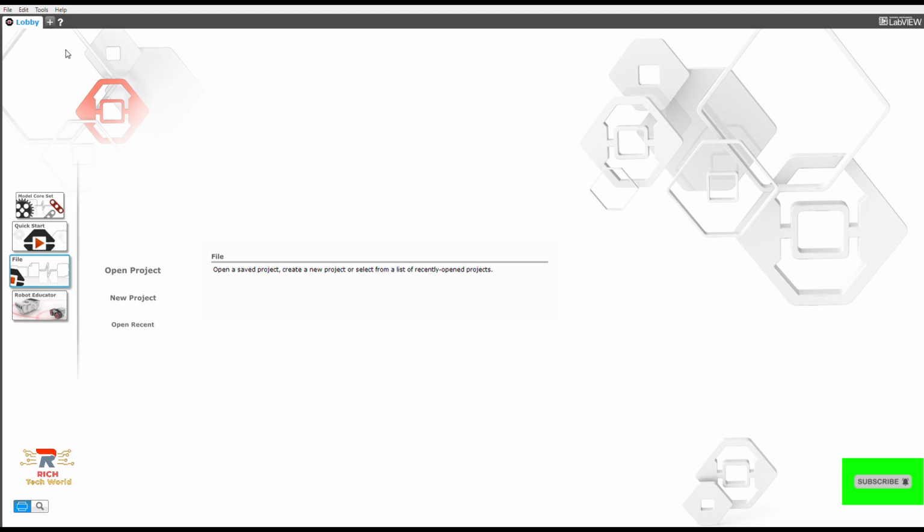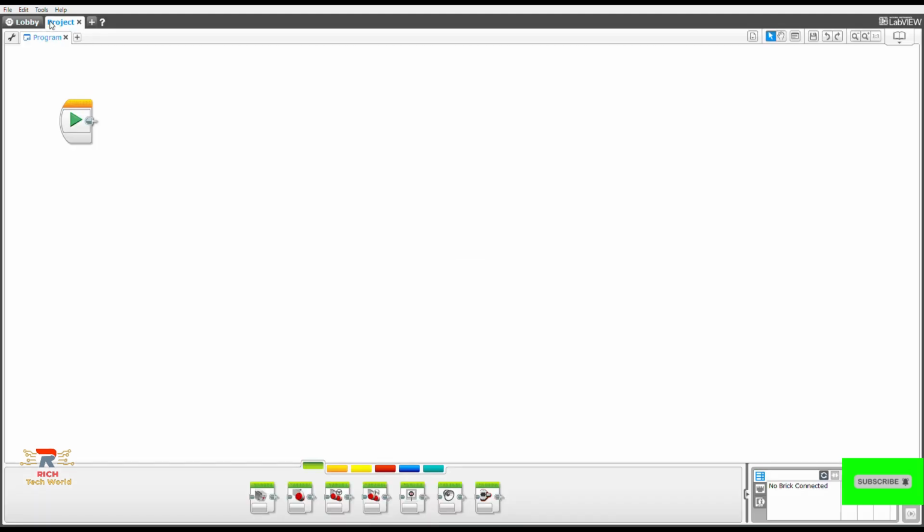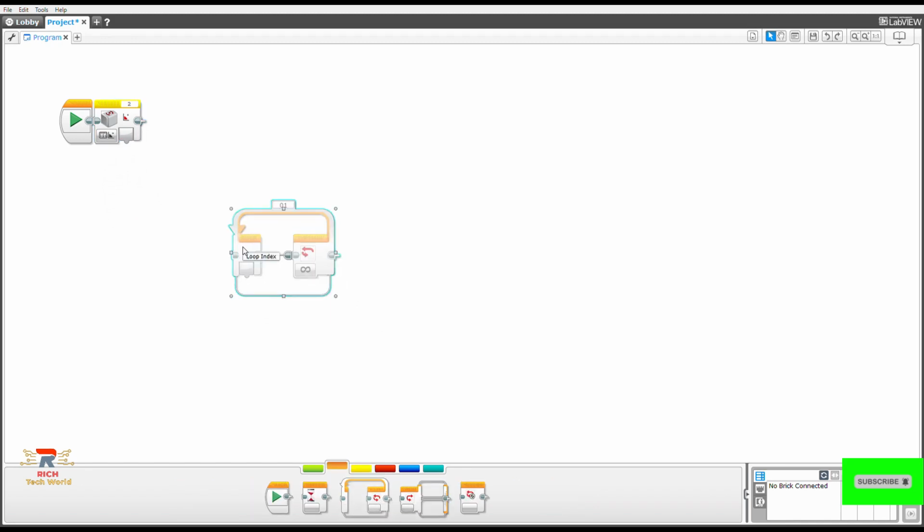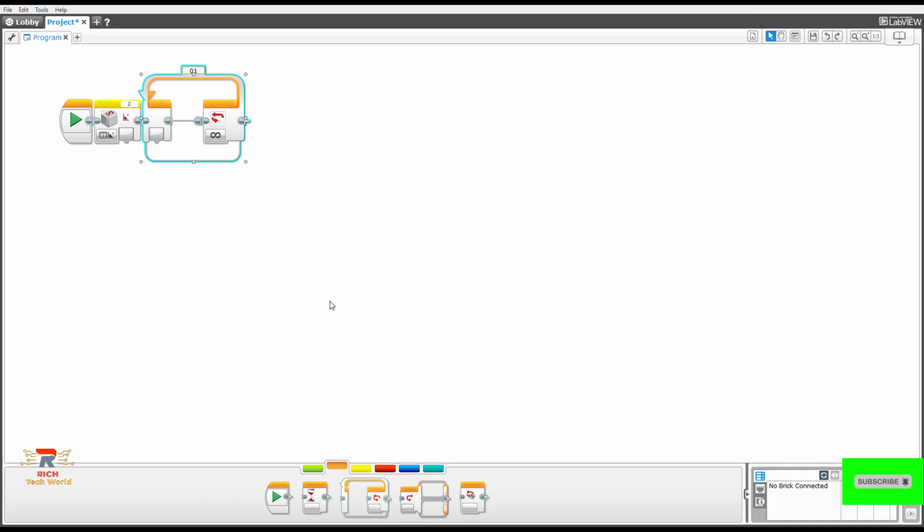So we are going to tap on the plus sign here to create a new project, and as usual, we are going to pick all the blocks we'll be needing. After that, we set them to their respective states. So we have to pick our gyro sensor block, and we would like to repeat some actions, so we pick the loop block, then we pick another gyro sensor block.